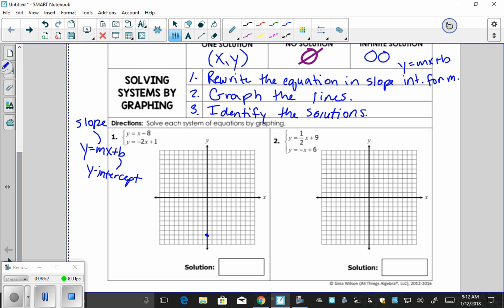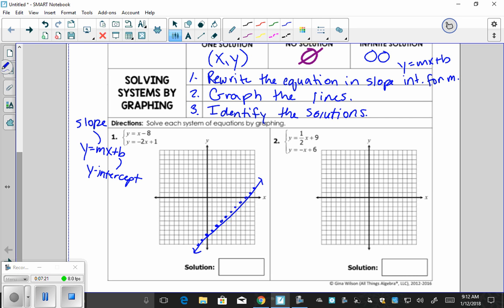You say go up 1, over 1, left or right? Right. So I'm going to go up 1, over 1. Am I done? What do I do? Keep going. Don't stop. Keep going. There's a reason why I've asked y'all to keep going this whole time. And it is for this reason when we are graphing solutions.